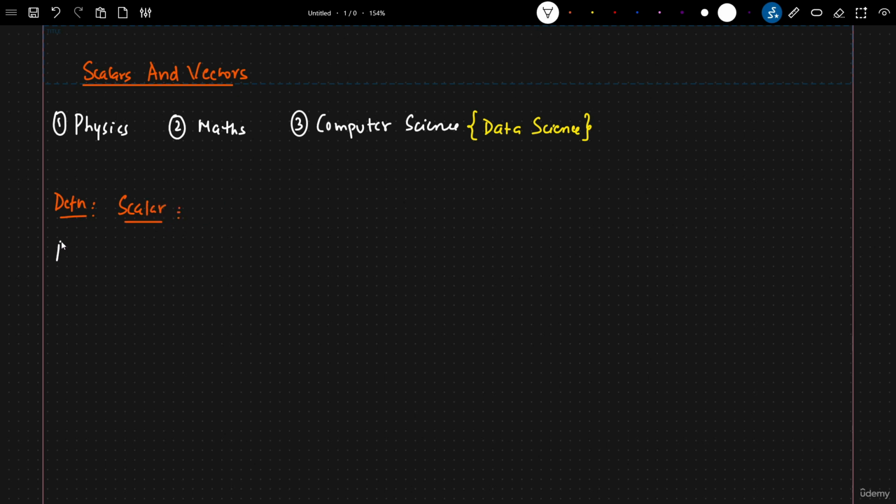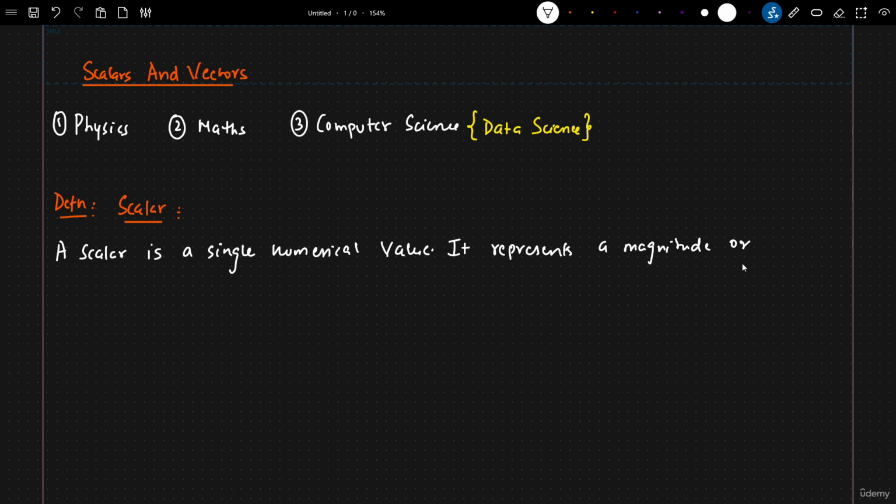So here, a scalar is a single numerical value, and it represents a magnitude or quantity and has no direction.